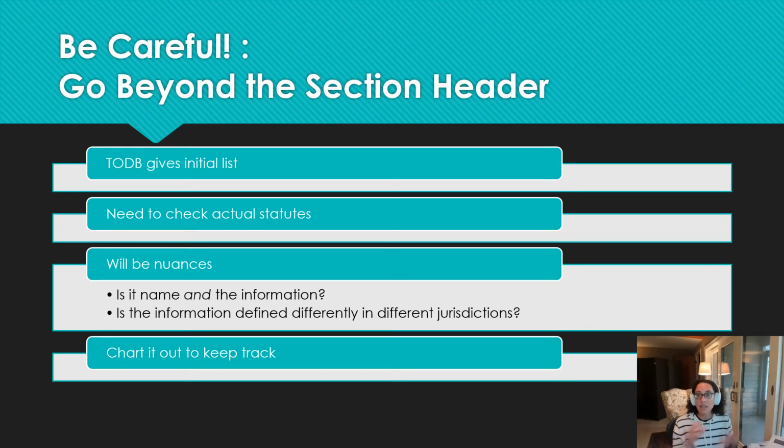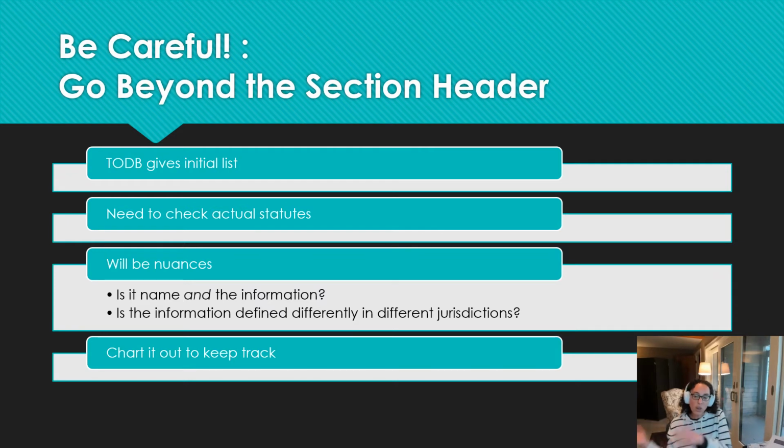And in the main part of the book, for example, if you look at the chapter that has social security numbers, again as an example, it will give you an initial list in chapter, say, 2, whatever.